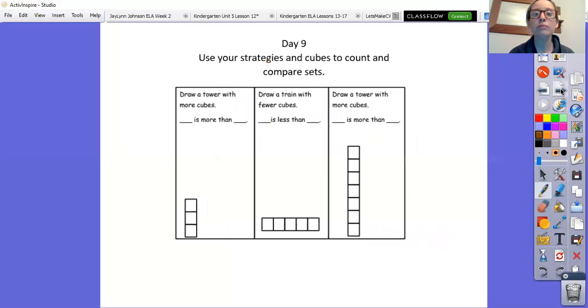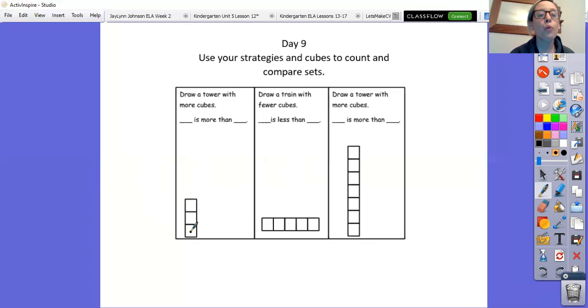Okay. It says use your strategies and cubes to count and compare sets. So in this direction, which should be on your packet, it says draw a tower with more cubes. Okay. So first, let's decide how many cubes we already have, okay? Let's look at this tower right here. Let's count together how many we have.